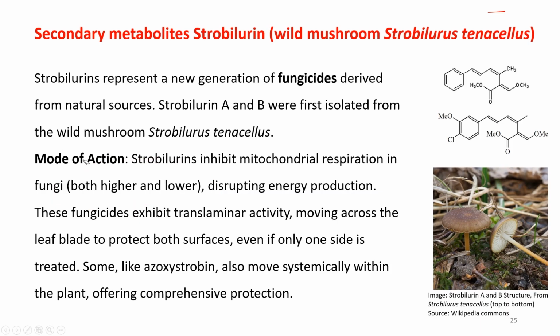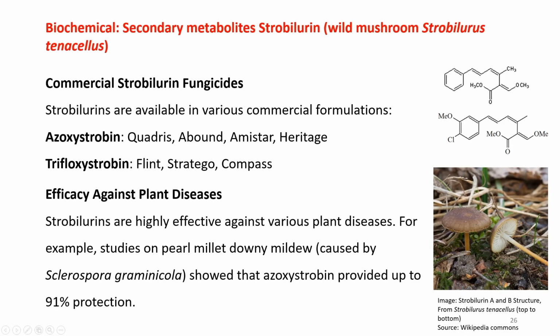These fungicides exhibit translaminar activity, moving across the leaf blade to protect both surfaces, even if only one side is treated. Some, like azoxystrobin, also move systemically within the plant, offering comprehensive protection.